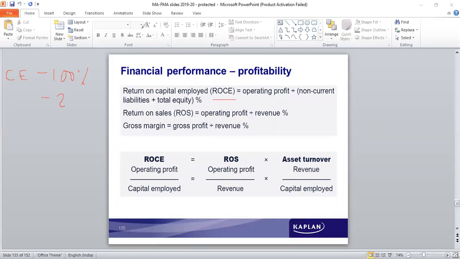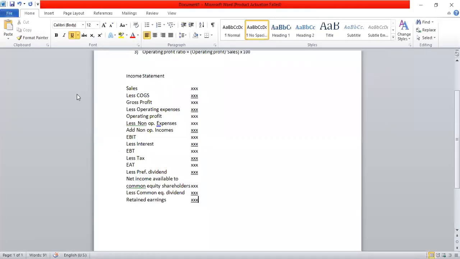I'm taking you to the word file. Capital employed is 100%, and the profit available to them is the EBIT. Out of EBIT, interest is paid, then preference dividend is paid, then common dividend is also paid. So we take EBIT as what percentage?